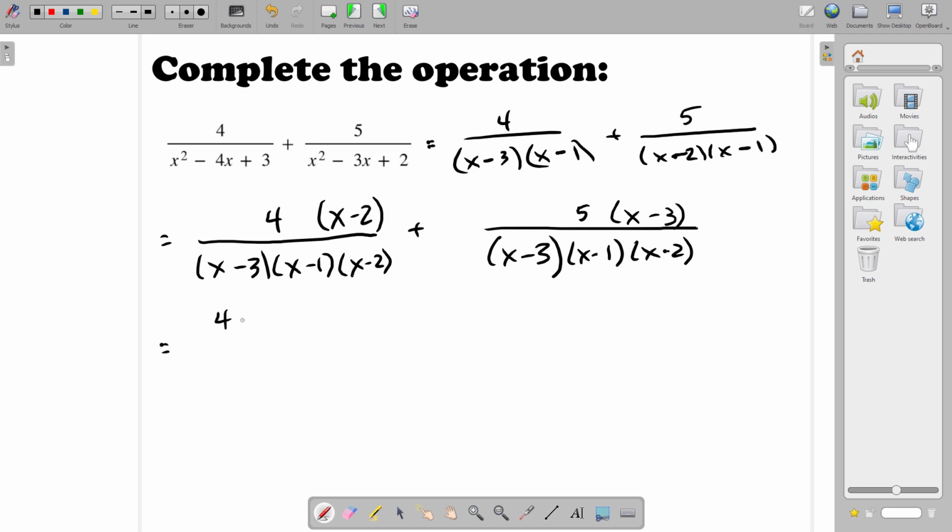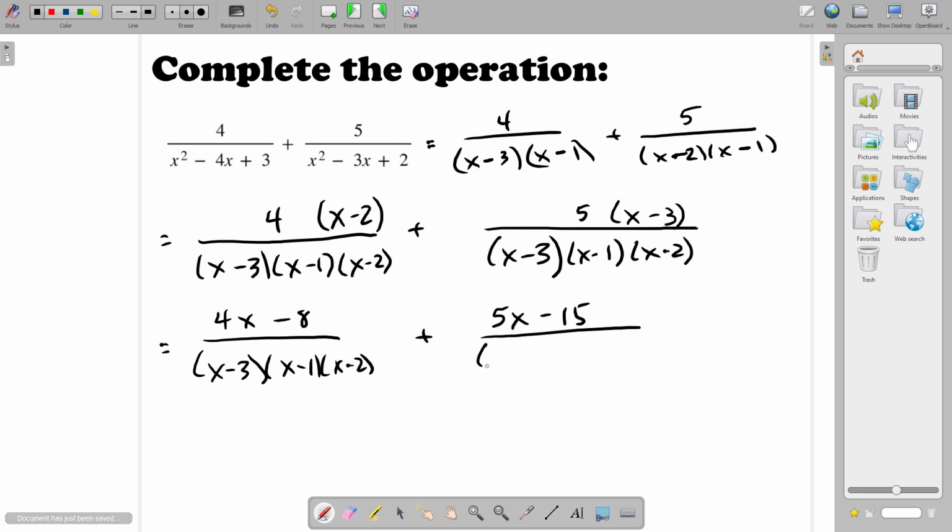Up here we get 4x minus 8 when we distribute that 4. Plus here we get 5x minus 15. On the bottom, x minus 3, x minus 1, x minus 2. Now I'm going to write this as one fraction.